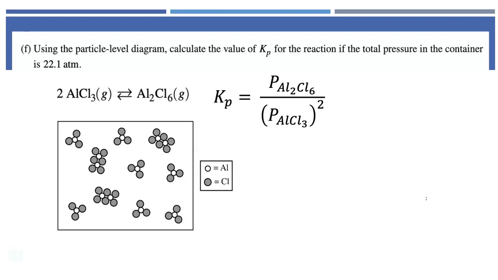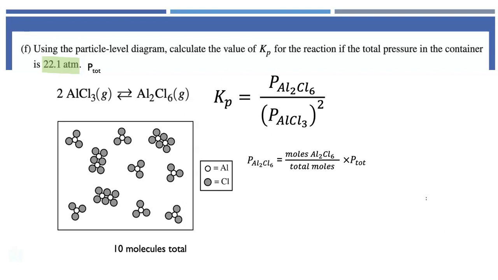The equation that you need is actually on your formula sheet. We need the moles of Al2Cl6 over the total moles times the total pressure. All right, so we're using the mole fraction times P total. That'll give us the partial pressure of Al2Cl6. And we know that P total is 22.1 atmospheres. We were given that. So we need to work out the whole mole fraction piece from our particle level representation.